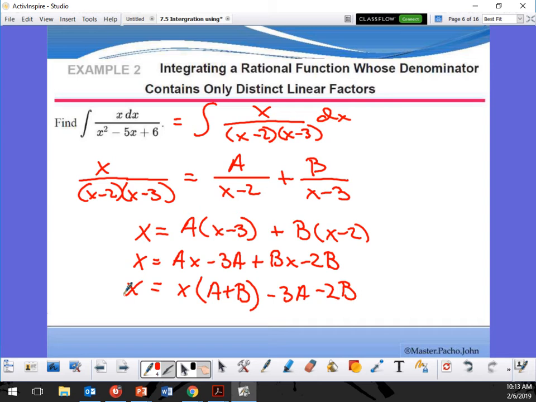Now, because of the degrees, the degree sides are going to be equal. What is the number in front of my x? 1, right? So I know that since there is a 1 here, 1 is going to have to equal this part right here, because these go together. The degree parts together.